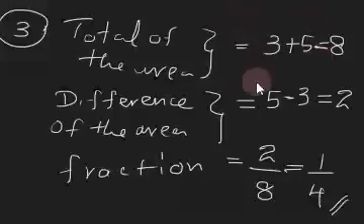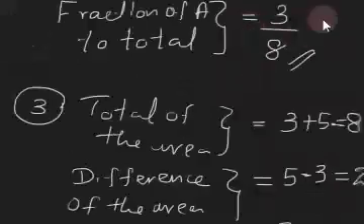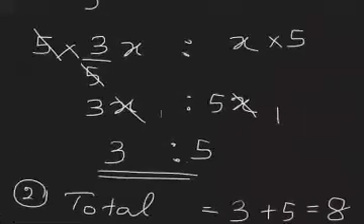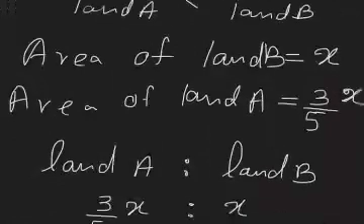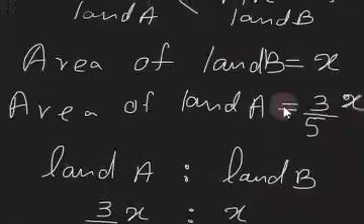So we will go through the problem again. First you have to find the ratio between land A and B. For that, since we had not been given this area, we take it as x.